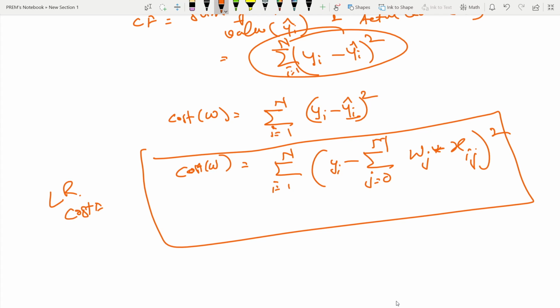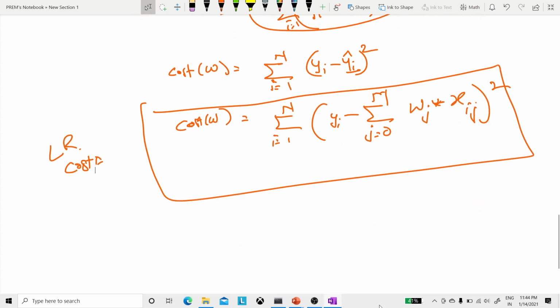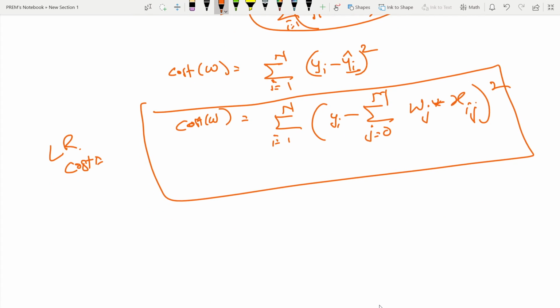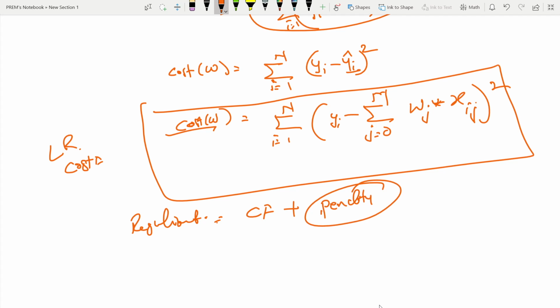How do we minimize the linear regression cost function? You have to apply regularization, which means adding some kind of penalty to this cost function, such as an L1 penalty or an L2 penalty. In the next lectures, the main questions will be based on this kind of equation.